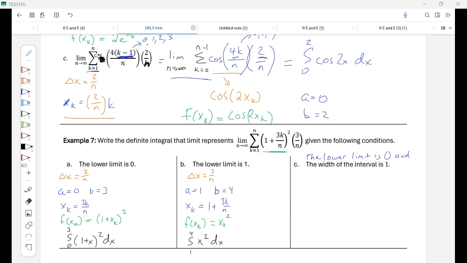And now letter C, probably the tricky one. In this case, if the width of my interval is 1, what does that lock delta x into? 1 over n. Which means that I need to make this summation algebraically equivalent, but not have 3 over n here, but 1 over n here.